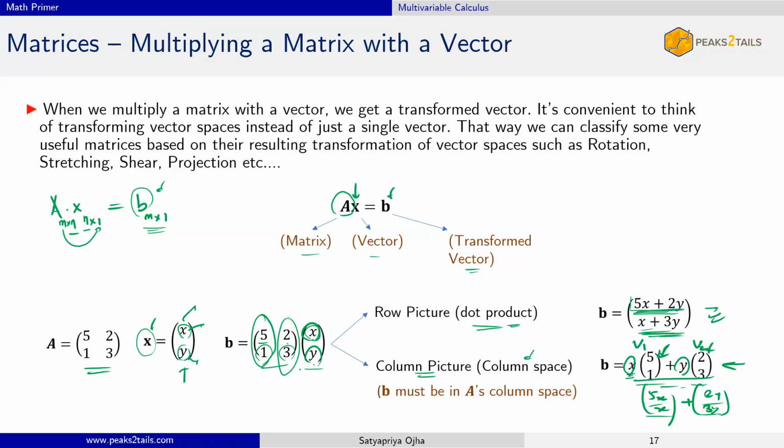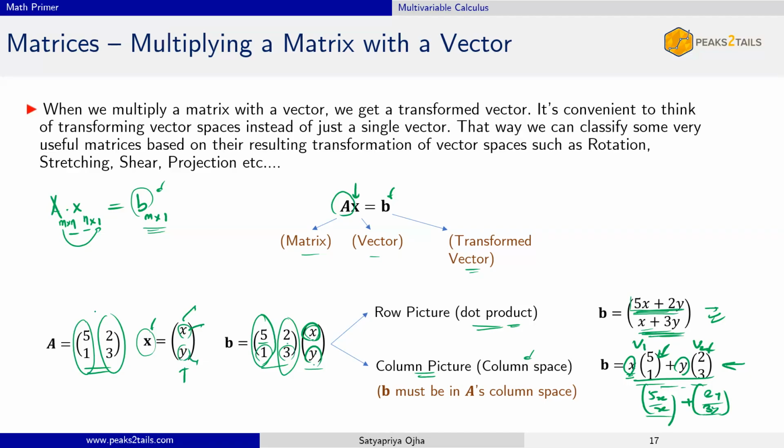So what we are looking at here is the result, which is b, is just a linear combination of the column vectors of A. And what do we call the linear combination of the column vectors of A? The column space. It is the space that is captured by the column vectors of A. So if B is produced by a linear combination of the column vectors of A, that means B must lie in the column space of A.